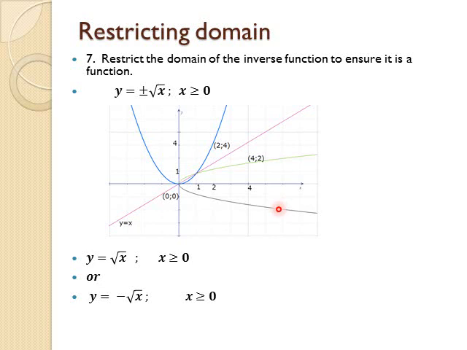To ensure that it's a function, we have to restrict the domain. So we write y equals square root of x, x greater than or equal to 0, and I will draw only that top part. Or y equals negative square root of x, and I will only draw the bottom part, to ensure that when I draw a vertical line test, it only touches once. I'm not allowed to have many y values for one x value, otherwise it's not a function.